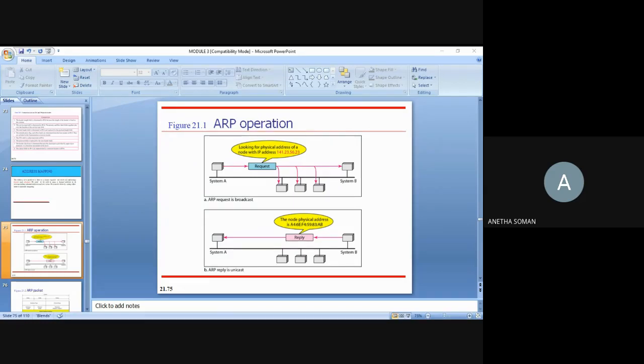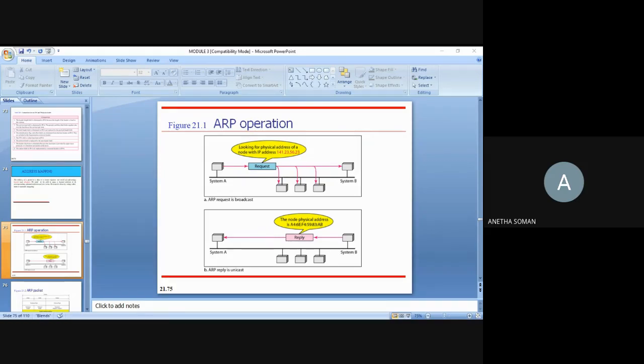Now, in the last class, we were dealing with the datagram formats of the IPv6 and IPv4 protocols, Internet Protocol, IPv4 and IPv6. We have studied the datagram format in both cases.